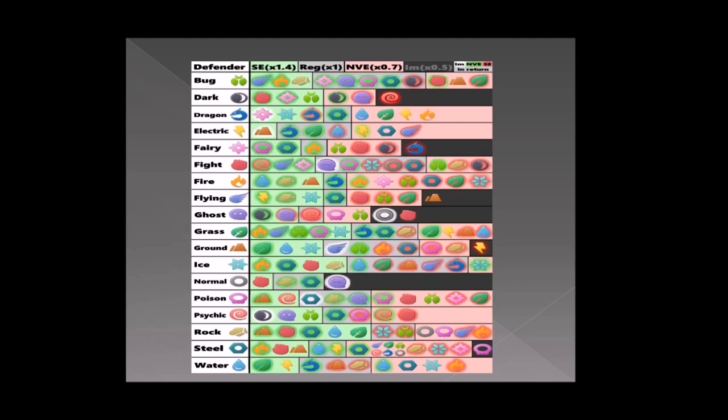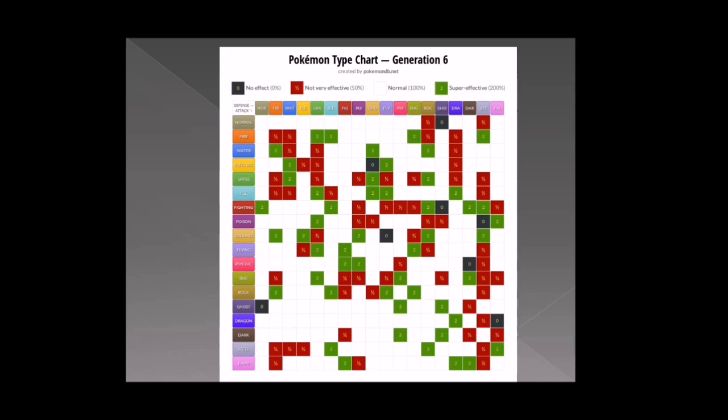The fairy type was created later on just to stop the dragons, because at some point they were very powerful. It's just a quick view of how it works, but this is the complete table that you can see.